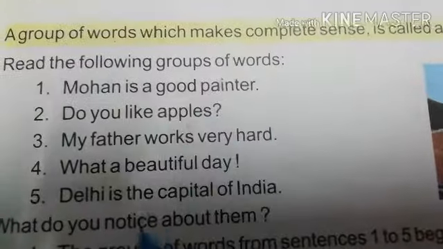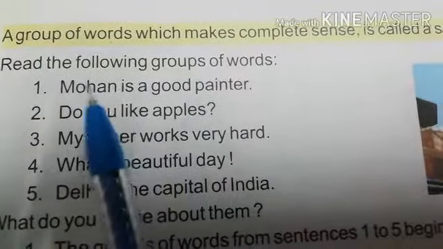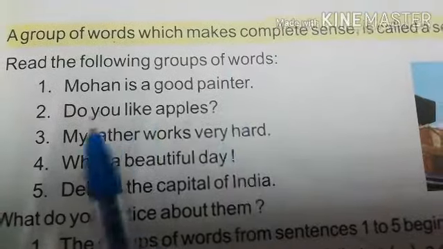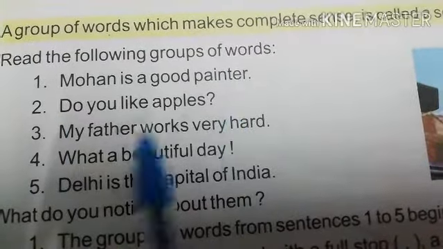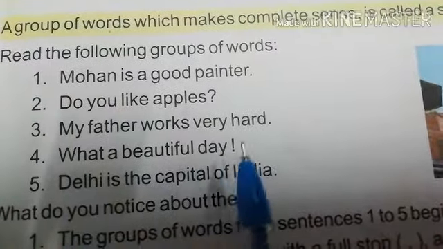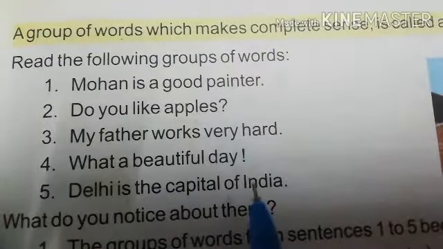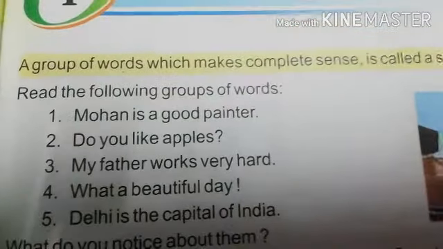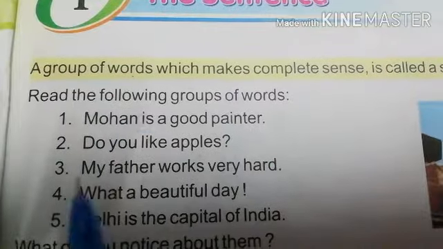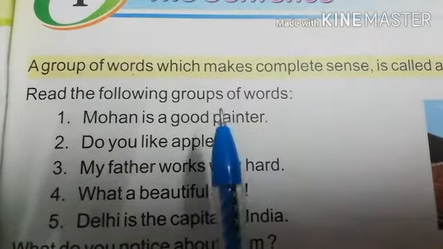Now read the following sentences. Number 1, Mohan is a good painter. Do you like apples? My father works very hard. What a beautiful day. Delhi is the capital of India. In these sentences, all the groups of words are giving us a meaning.